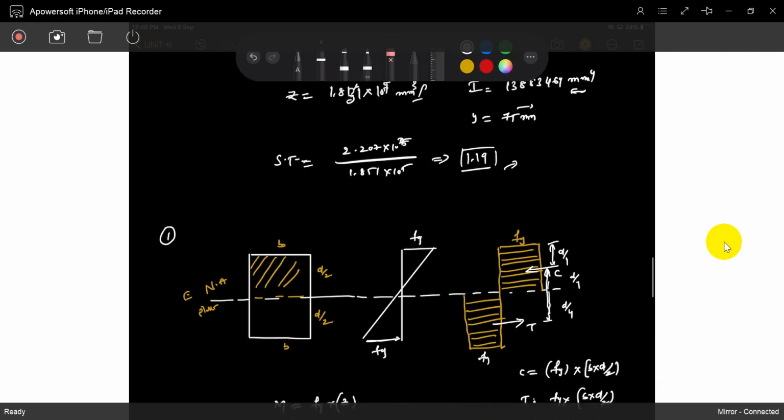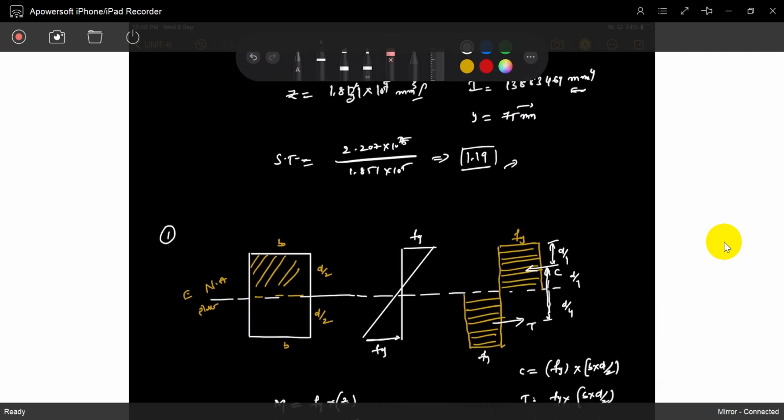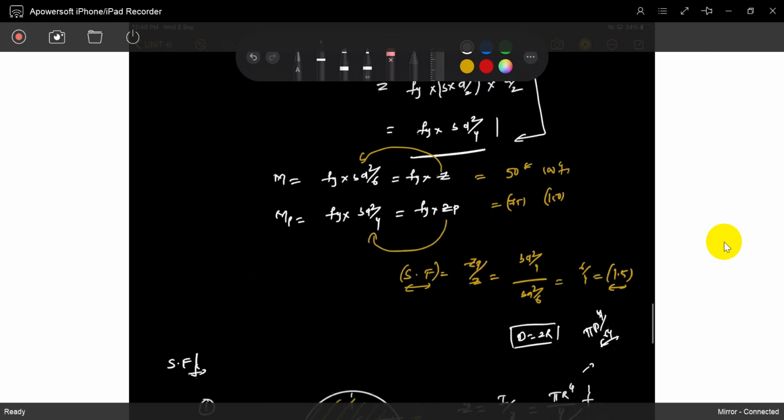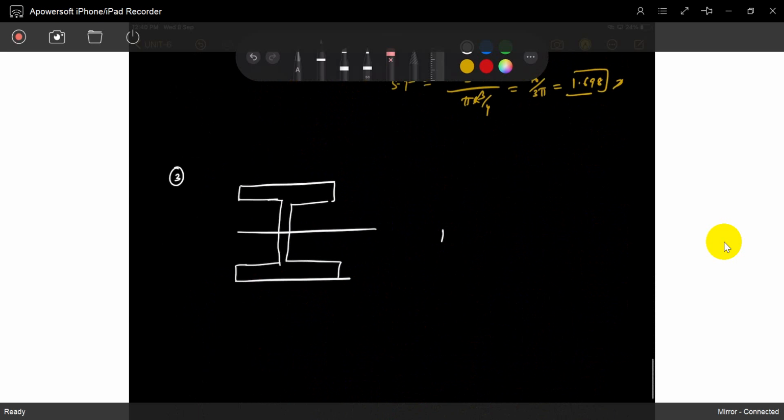Mostly it lies on that only. Shape factor values only lie between 1.12 to 1.18 or 1.19. If you take any dimensions of an I section, the shape factor lies there only.